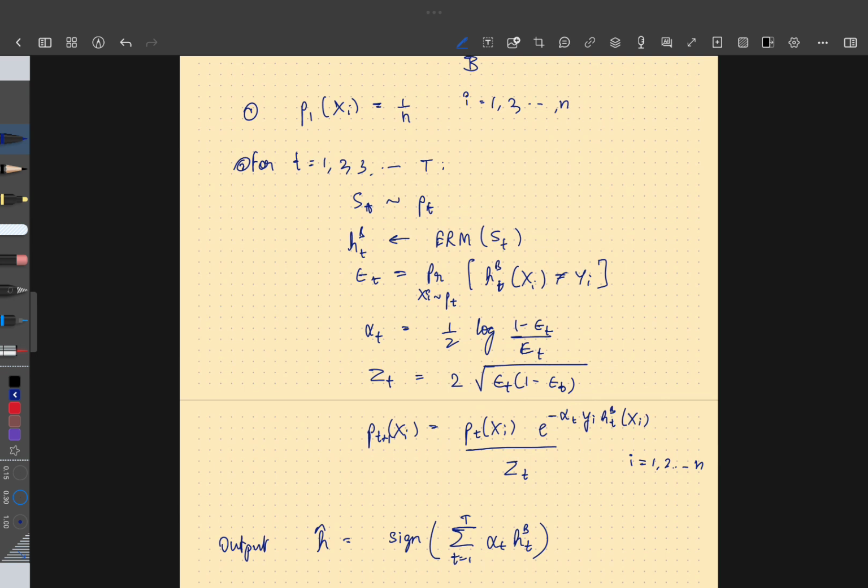Shouldn't that epsilon t be an expectation? Yes, it is an expectation. I didn't get that, we have probability. That's because it's the expectation of the 0-1 loss, which is just probability. In general, it's going to be the expected loss according to the distribution P_t.